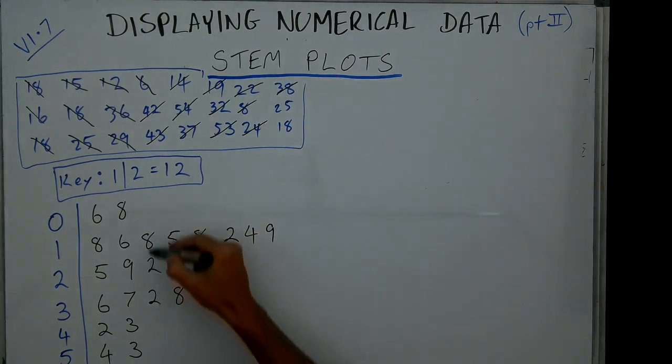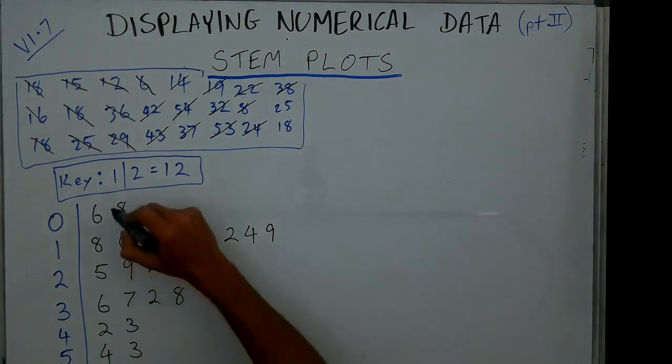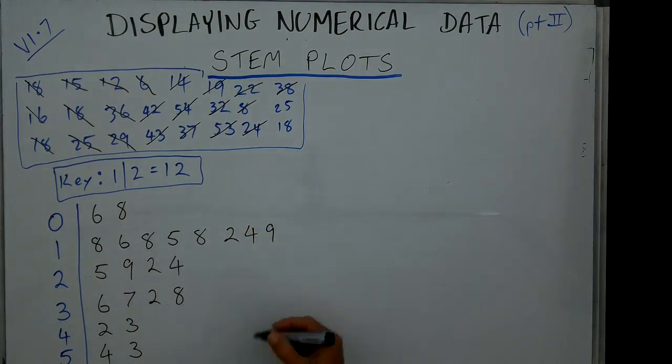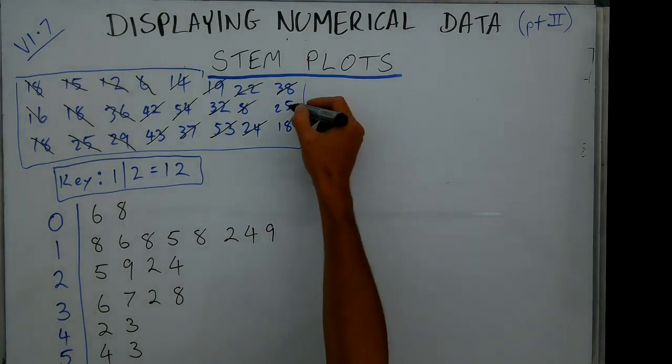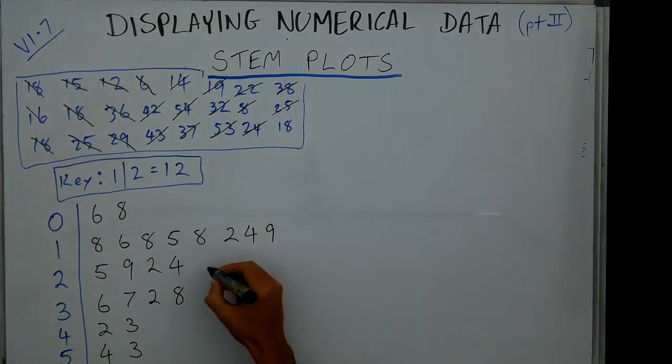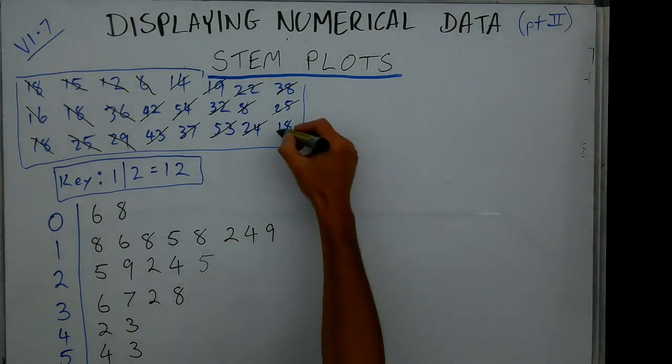Please notice how I'm trying to keep these numbers in nice neat columns so that the distribution is still able to be read. 1, 5, lastly 18.